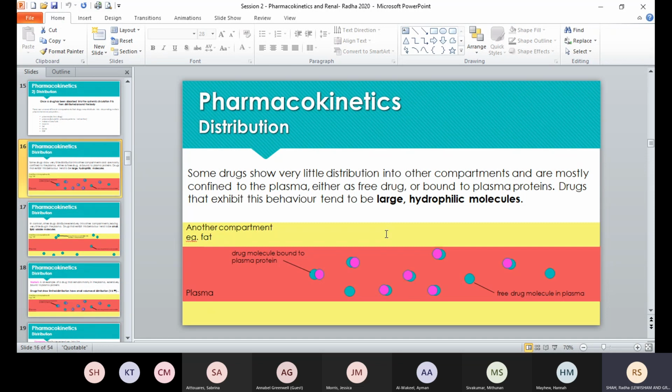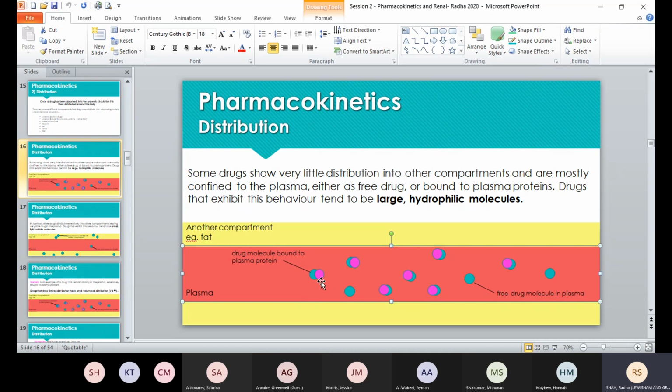Some drugs show very little distribution into other compartments and are mostly confined to the plasma. This could be either as a free drug or bound. Here, the plasma is in red, and then you have these purple molecules which are plasma proteins, and then you have blue, which is the free drug molecule in the plasma.